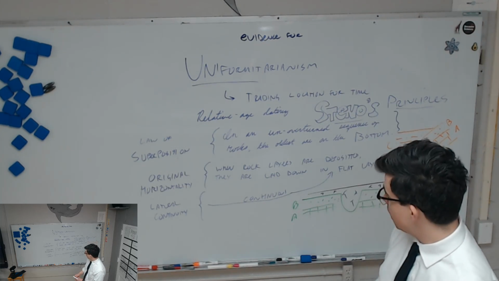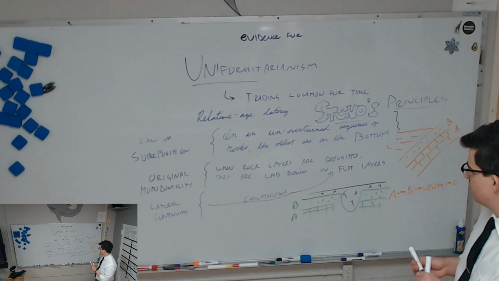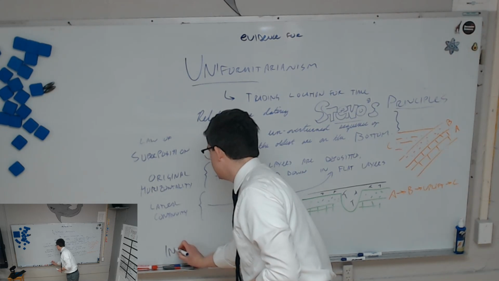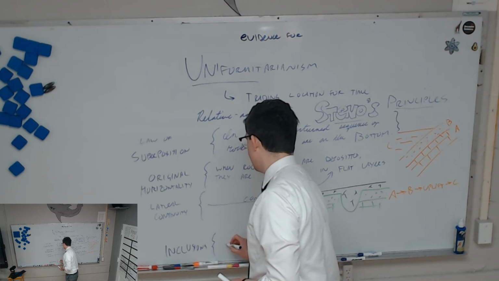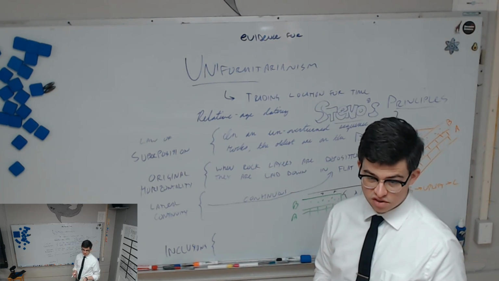Okay, and then the last of Steno's principles is called the Principle of Inclusions. Without using the word inclusions, we're going to write chunks.